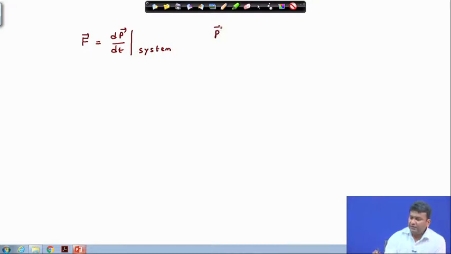Where P is the linear momentum, and we also have for a system P is equal to an integral of mass, V dm.